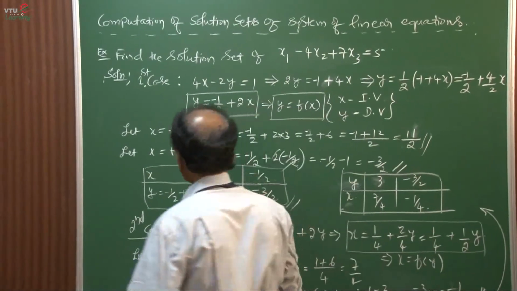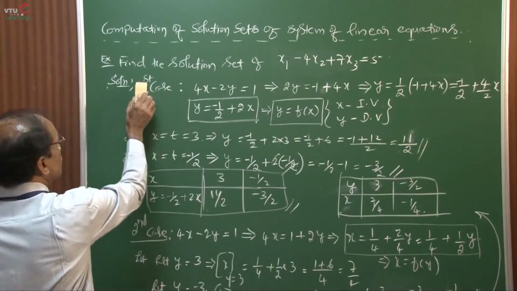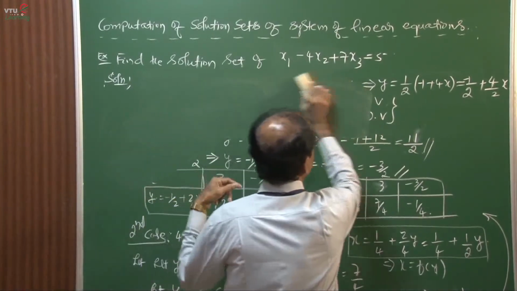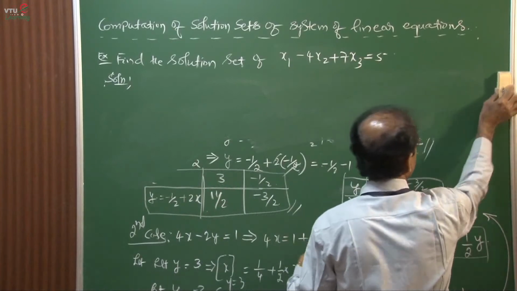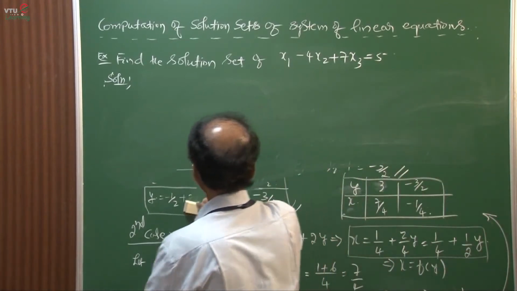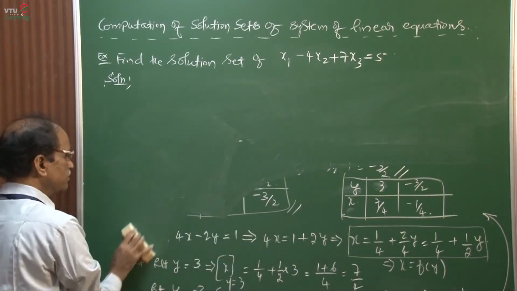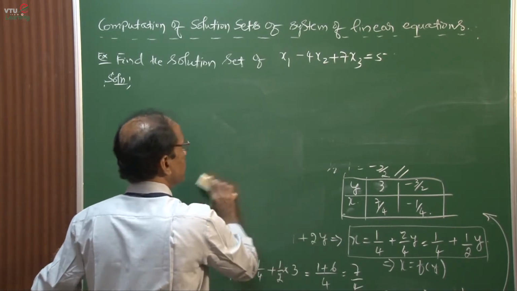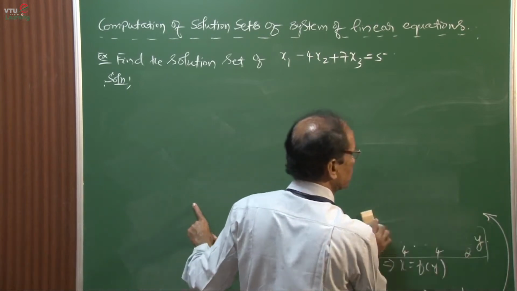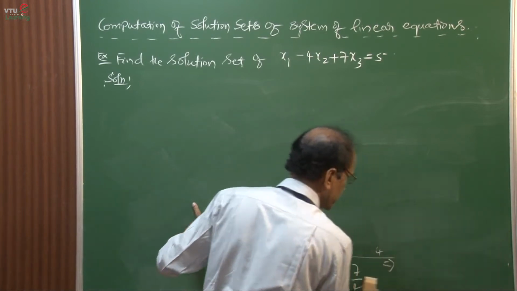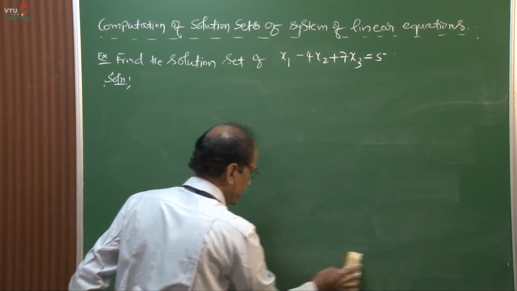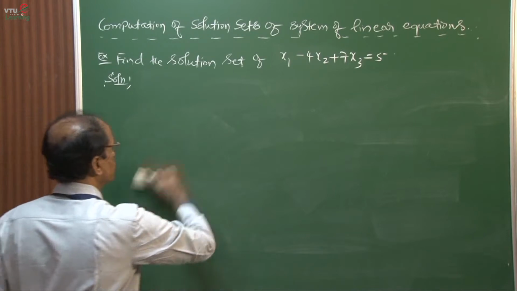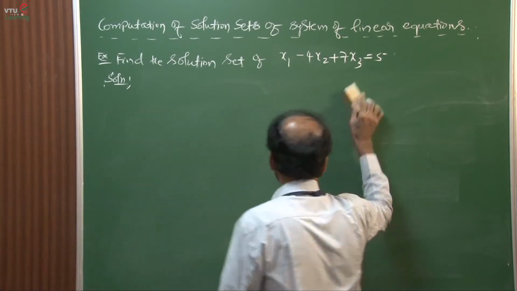Here this is the case of three variables, and how you take the rearrangement all depends on which symbol you write on the left side and which symbols you write on the right side. Then you can assign the numbers and collect the solution sets of values. Since the equation contains three variables, these are all trial values which you have to assign, and the corresponding calculated values you have to get.